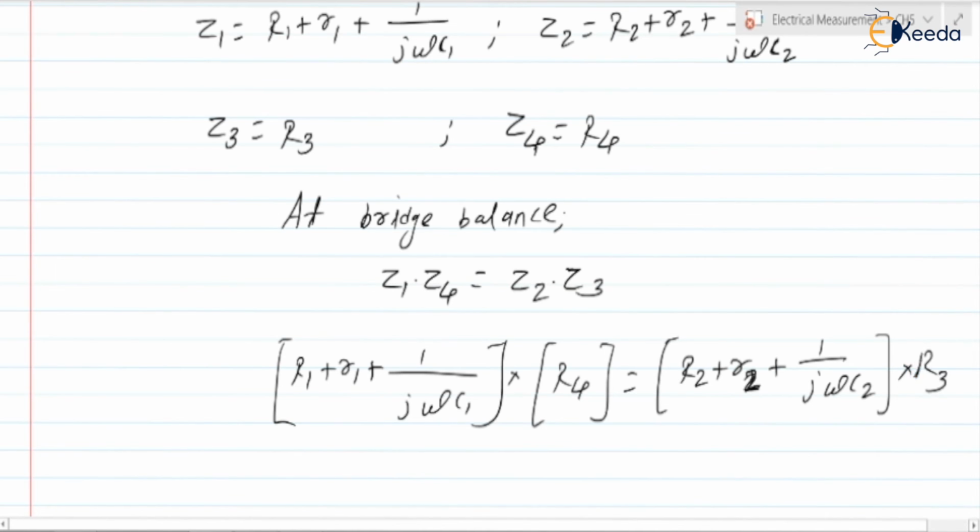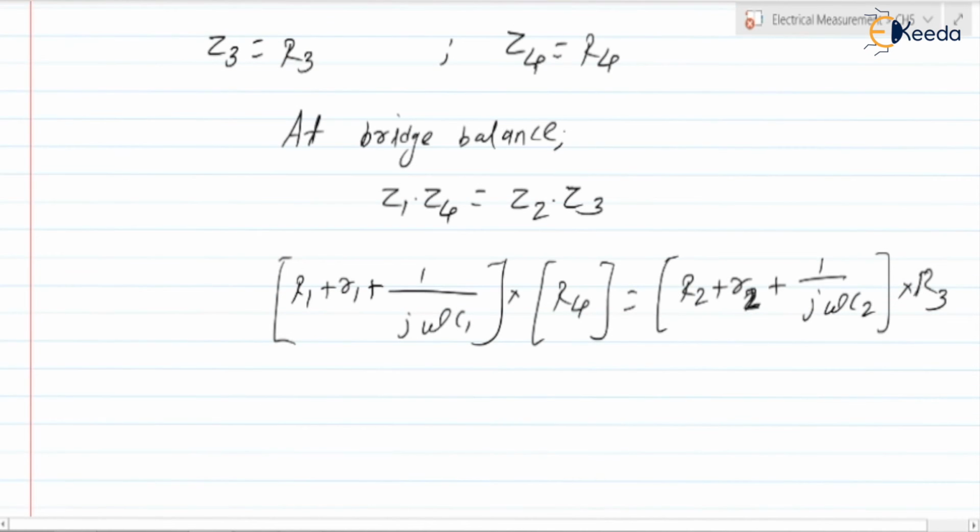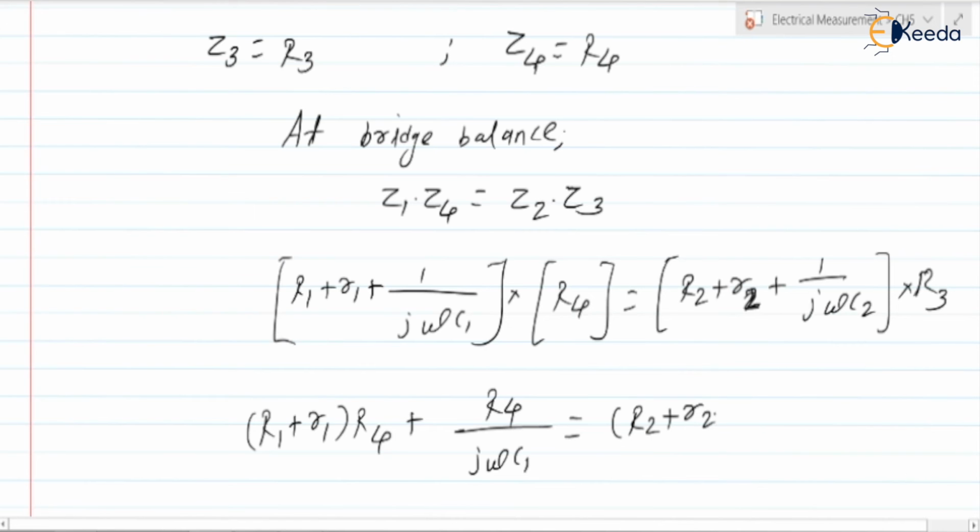Now we need to simplify it. First of all, multiply the R4 into the bracket, so it is r1 into R4 plus R4 upon j omega C1 is equal to r2 into R3 plus R3 upon j omega C2.